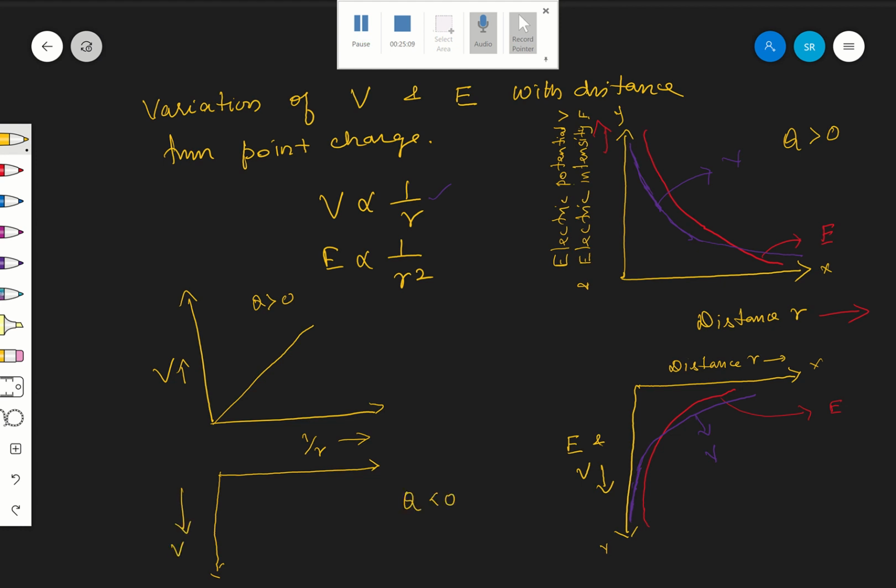In that case, it is all inversely proportional to R, but it will be in this direction. So this is the different plot that you can draw with this. Now, next one, we'll go to the next topic.